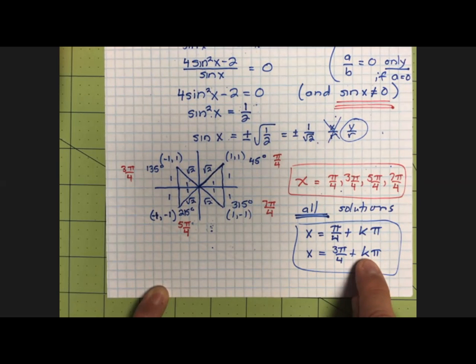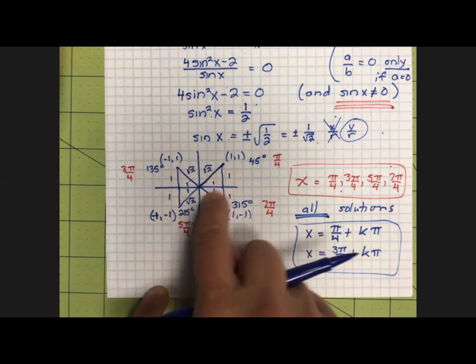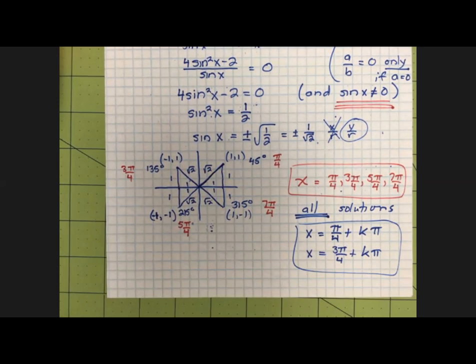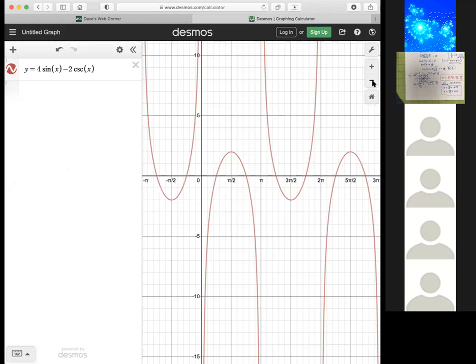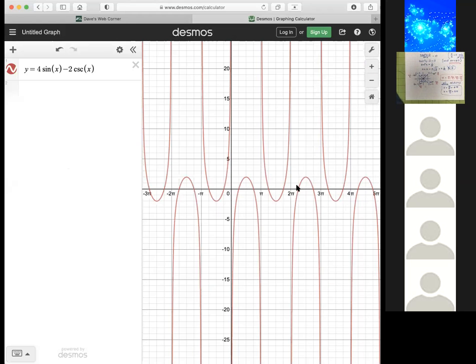Remember, this k can be positive or negative, so this covers going forwards or backwards. And in our image, we can see that. So if I expanded this image, I would see that those 4 answers repeat over and over and over again.